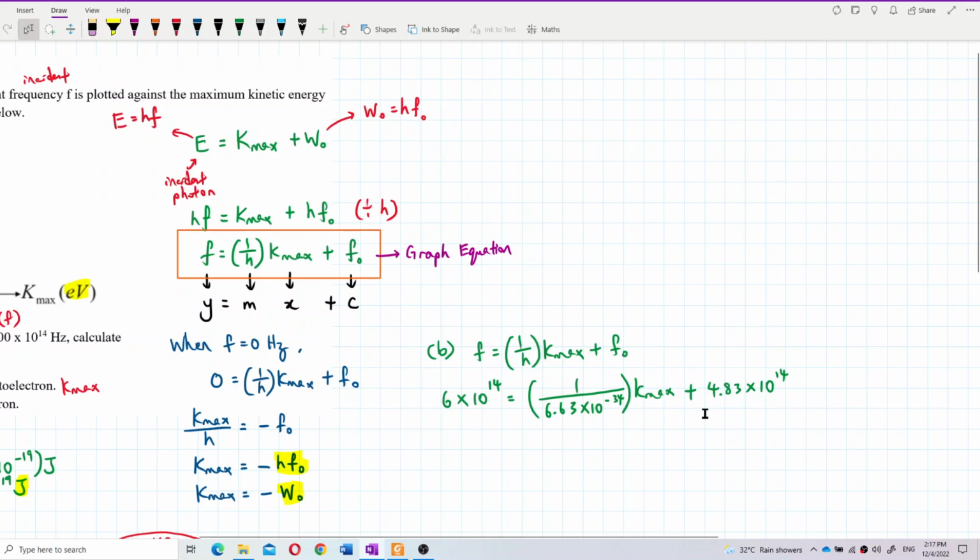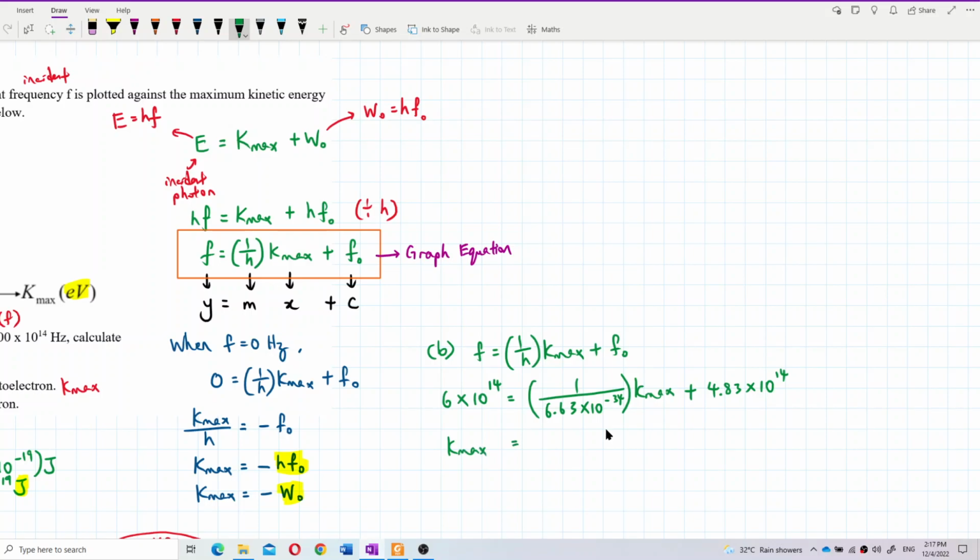So 6 exponent 14 minus 4.83 exponent 14. After the minus, I multiply by this 6.63 exponent negative 34.